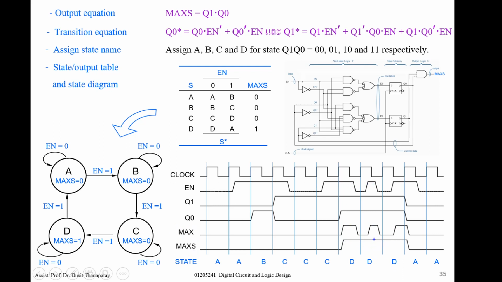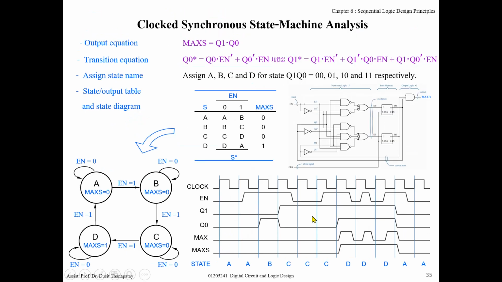So this is the difference between the Mealy type state machine and the Moore type state machine: whether the output is based on the input or not. Okay, this is just an example.